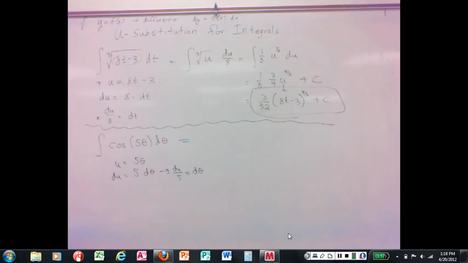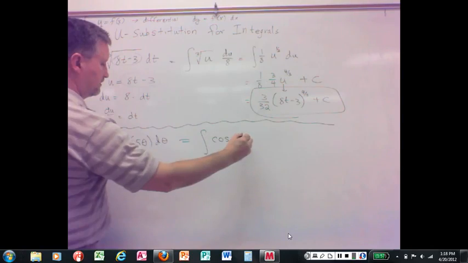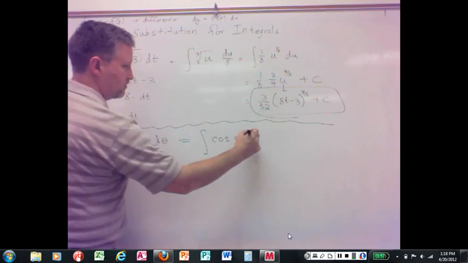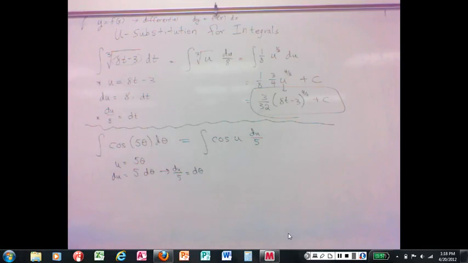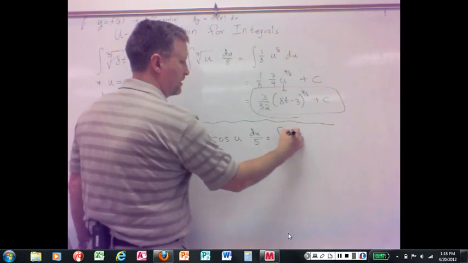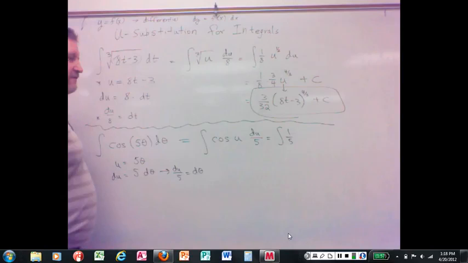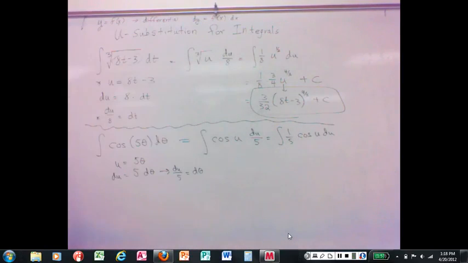So if I make those replacements, u equals 5 theta, du over 5 is d theta, I have what? Cosine of u times du over 5, which is just like that one. The 5 doesn't cancel anywhere, so it's just the factor of 1/5 out front. This is the integral of 1/5 cosine u du.